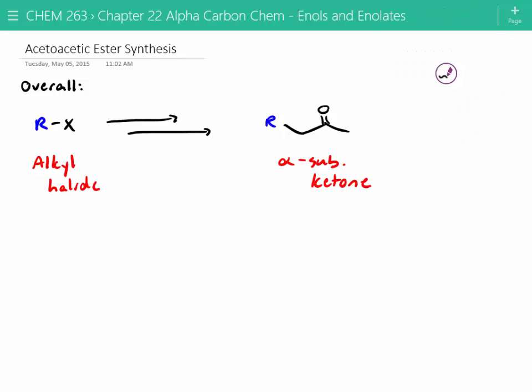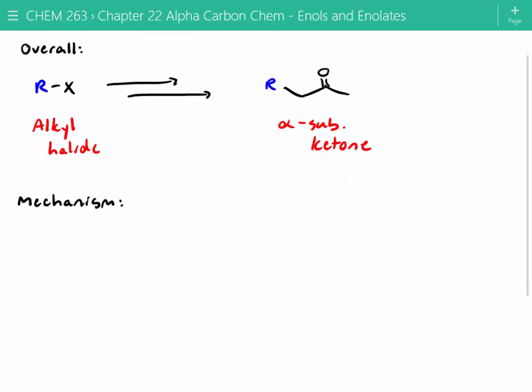All right, so let's look at the mechanism for this reaction. Instead of using diethyl malonate, we're actually going to use a variant of it, where only one side is an ester and the other side is a ketone.